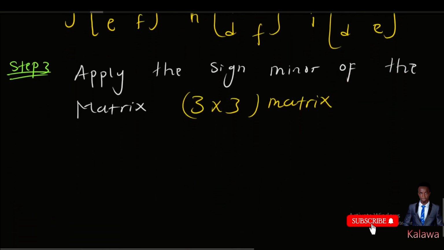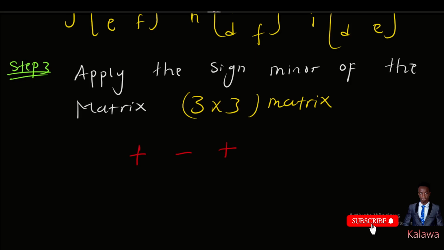Now the next step, after you have determined the minors for the three chosen elements, is to apply the sign rule of a 3x3 matrix. The sign rule of a 3x3 matrix is always plus, minus, plus.